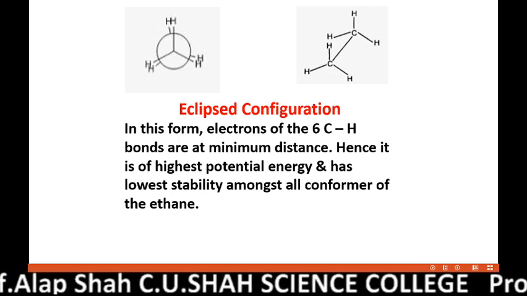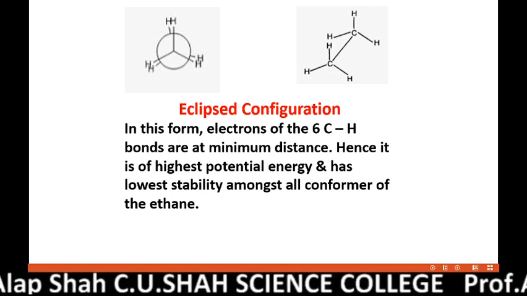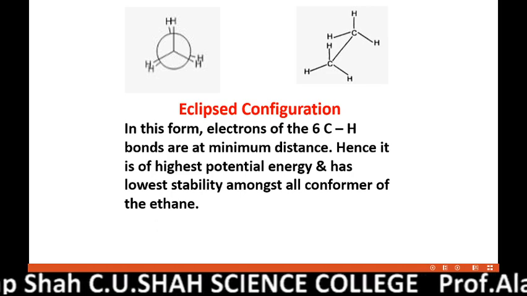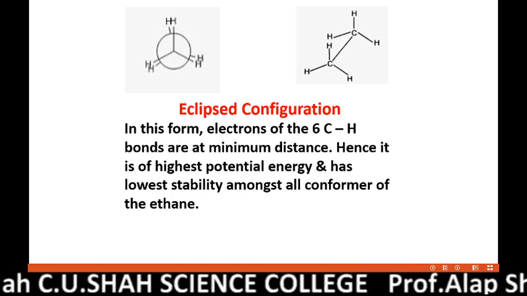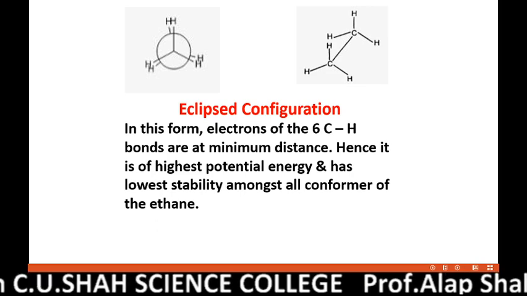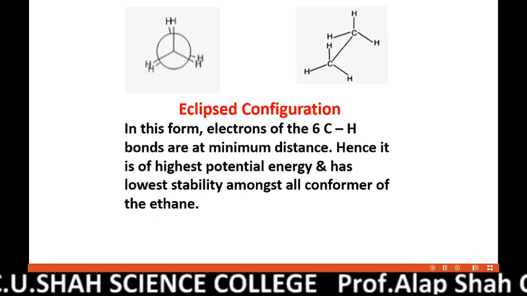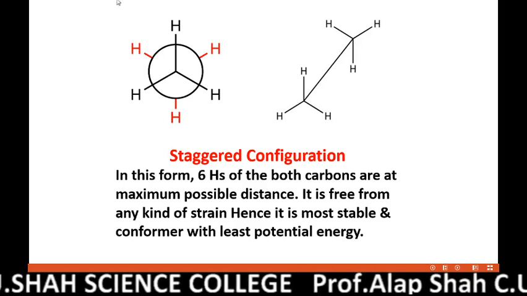So eclipse ethane is the least stable conformer, and whenever we say least stable, it means that it is the most energetic conformer of ethane.